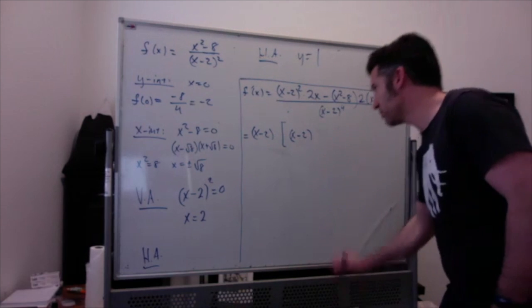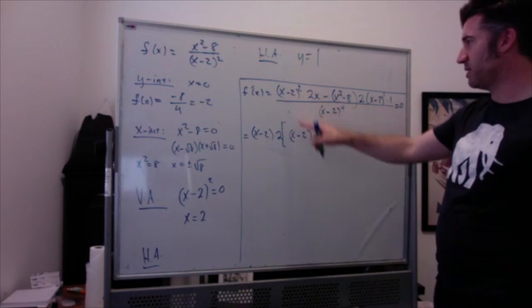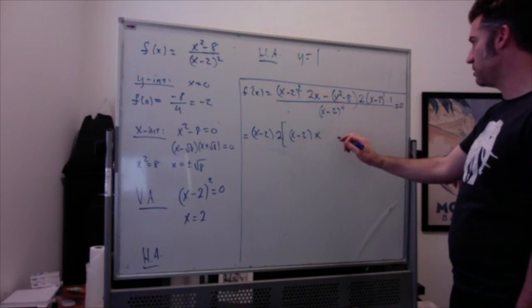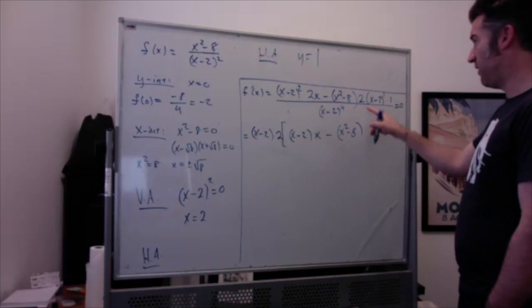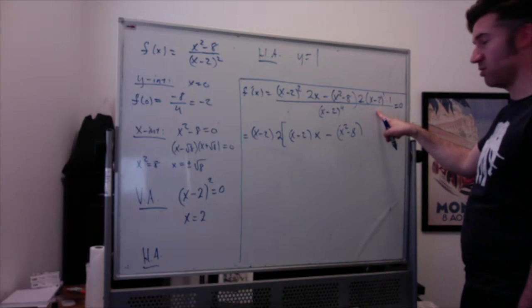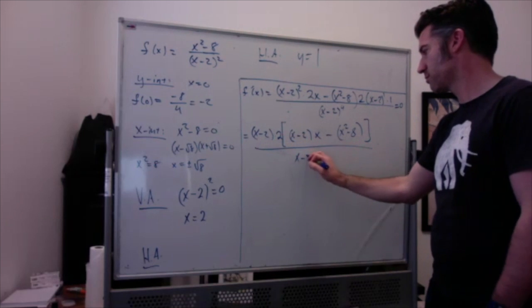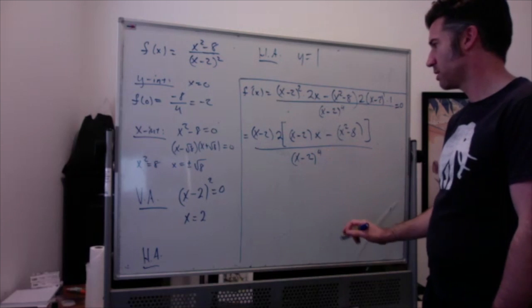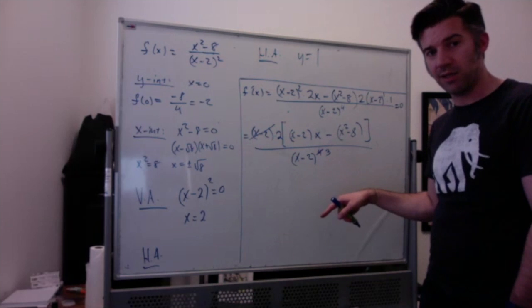Why not? So I've got an x minus 2 times x, and here I've got a minus x squared minus 8. I factored out that 2, I factored out that x minus 2. Cancel one x minus 2 with one x minus 2. Oh, look, I got a 3, like I said I would.